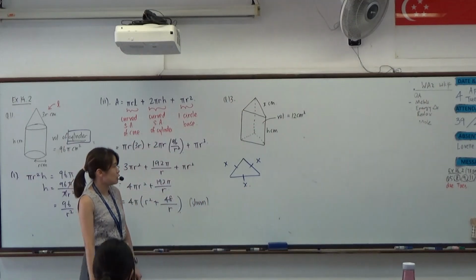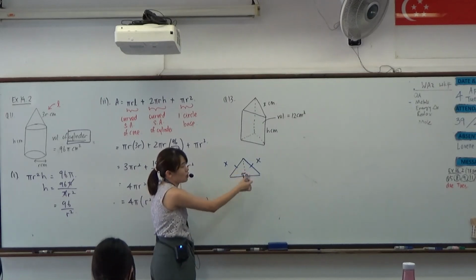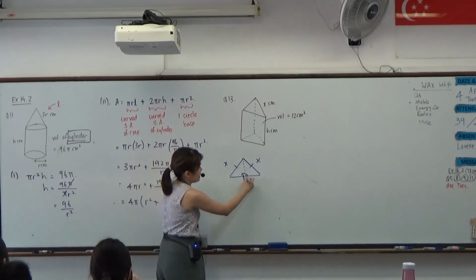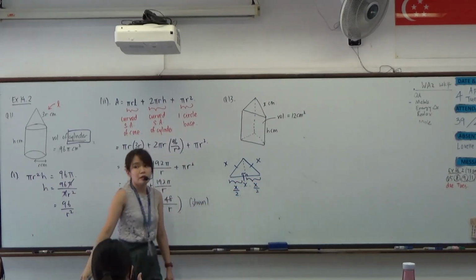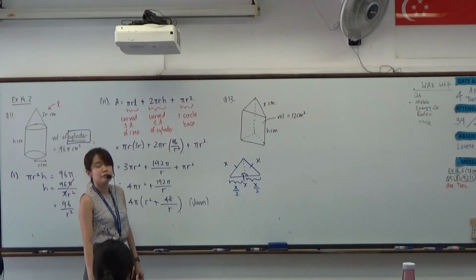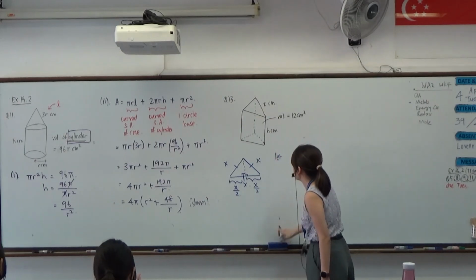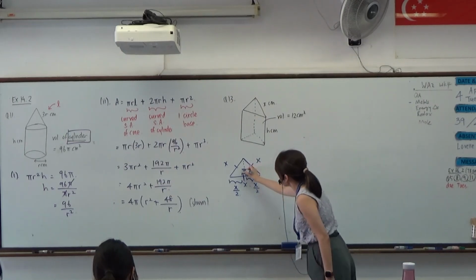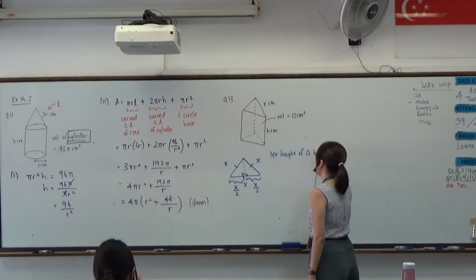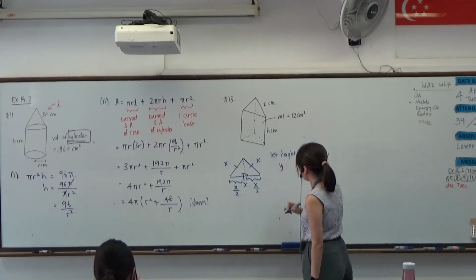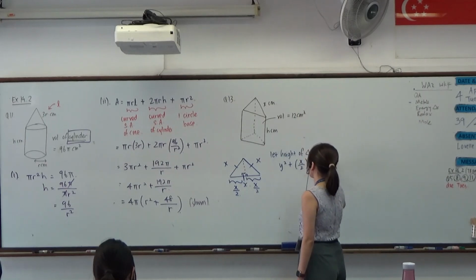To find the area of an equilateral triangle, we must know that when I cut it into half like that, I do get two congruent triangles. This will actually be x over 2, down here x over 2. Using my Pythagoras theorem, I will be able to find out the height. Let the height be y. So y square plus x over 2 square equals to x square.